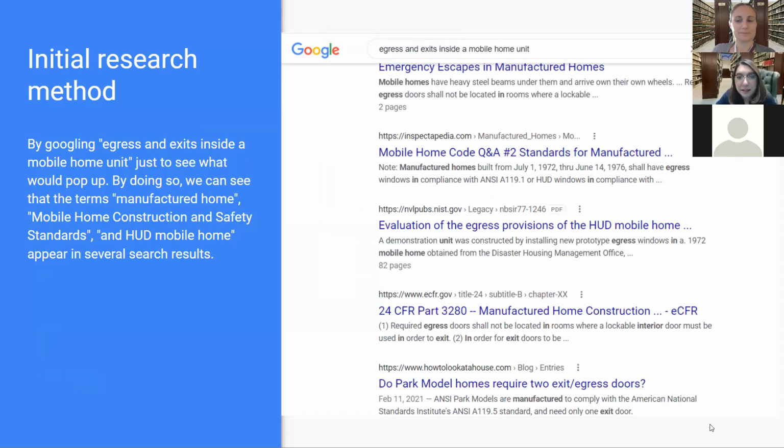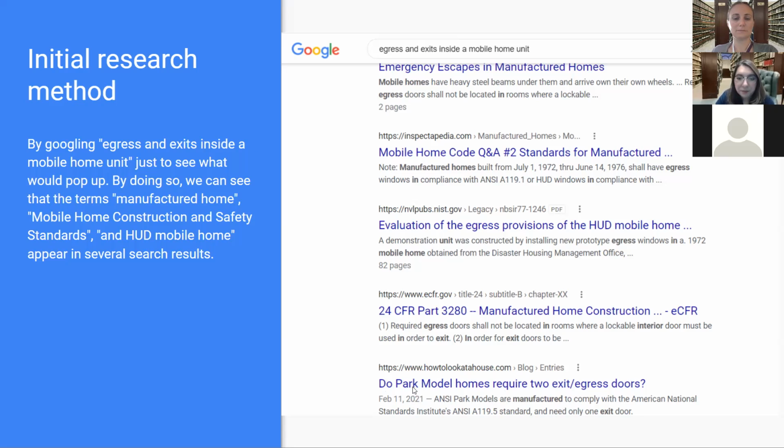Yeah, it's a great point because, as you can see on my initial search on Google, we have Inspectopedia, and we have howtolookatahouse.com, but we also have some legitimate sources like .gov. So we want to focus on the .gov, .us, .org, things like that, that are a little bit easier to determine are legitimate sources.